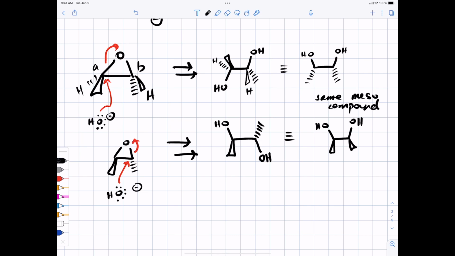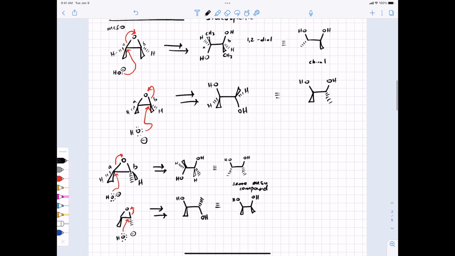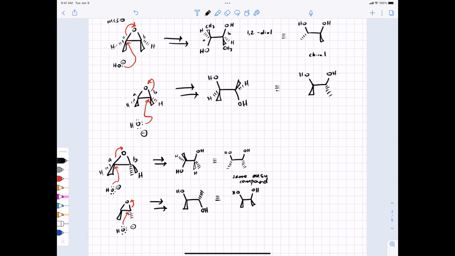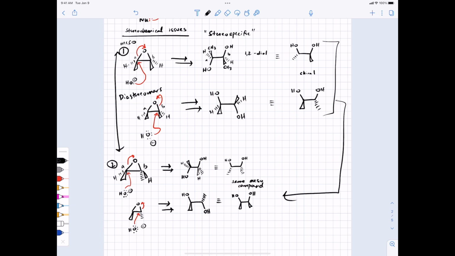So this is one way to illustrate the fact that the reaction has stereochemical consequences. These two starting materials that we used in these two reactions, we'll call 1 and 2. These two starting materials are diastereomers. The products are also diastereomers.